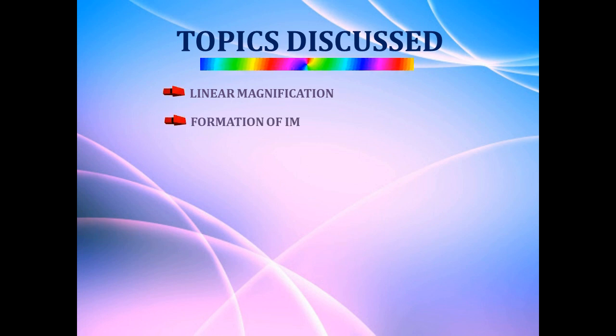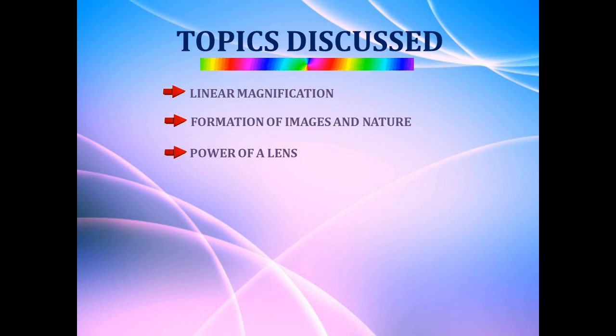We also discussed the formation of images and their natures, which means if we keep the object at a certain distance from a convex lens or concave lens, where the image will be formed and what its nature will be. Then we discussed the power of a lens represented by P, given by P is equal to 1 by f, and the SI unit of power is diopter.